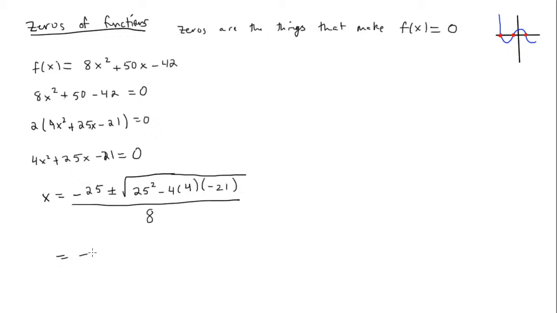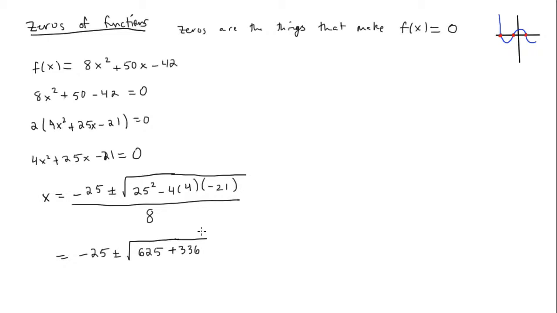Then we've got some arithmetic to do. 25 squared is 625. I just happen to remember that. And then for this other one, we've got 16 times 21. I'm going to cheat real quick and compute that. 16 times 21 is 336. So we've got minus, actually plus, because of the double negatives, 336.